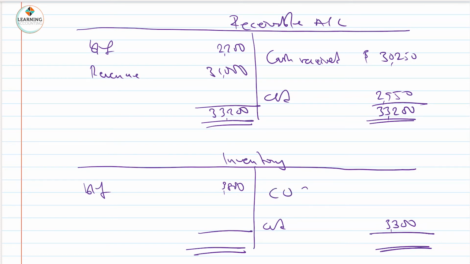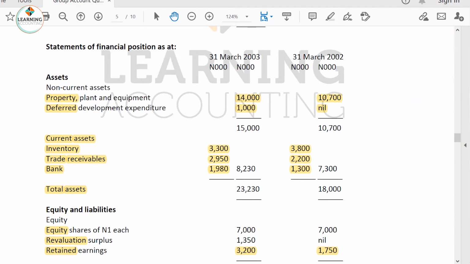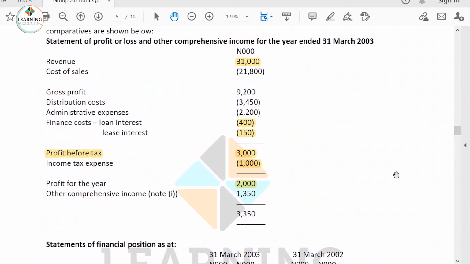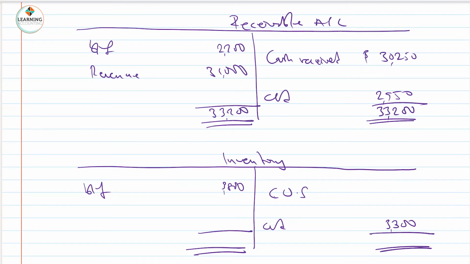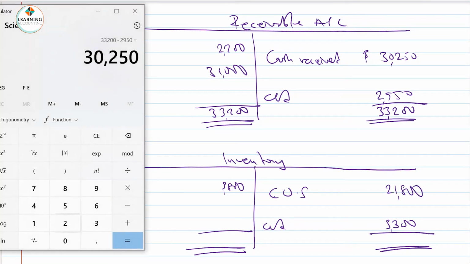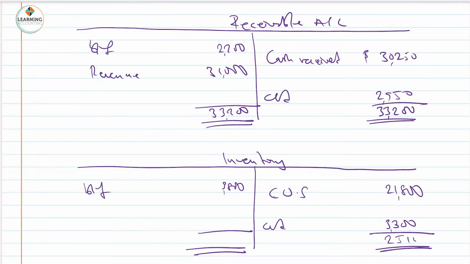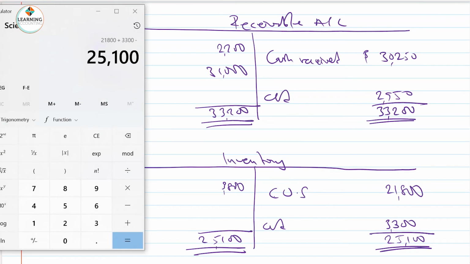The cost of sales, we have it to be 21,800. So we can sum up 21,800 plus 33 minus 38 is 25,100, minus 38.